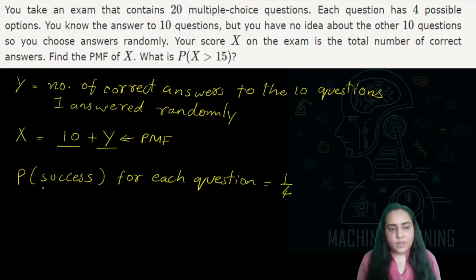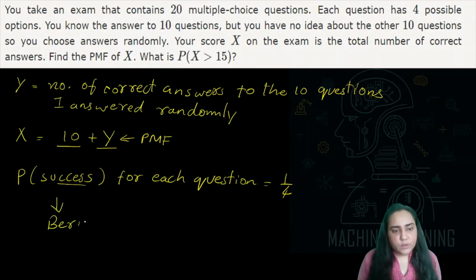There are two outcomes, success and failure. If you select an answer, you either get 1 point or you get 0 points. It's either correct or incorrect. This type of distribution is what we call a Bernoulli distribution.